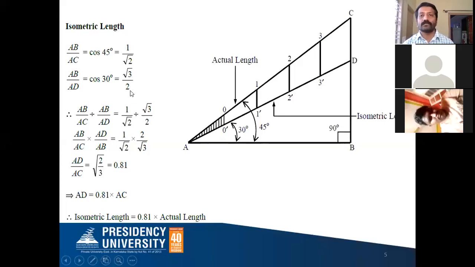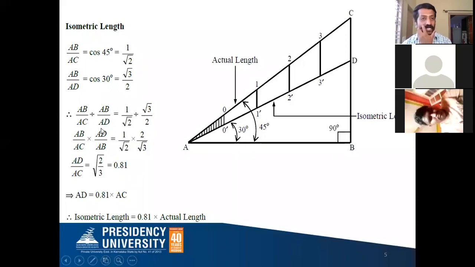Now I need to calculate the ratio in which I have to reduce the length with respect to the actual length to get the isometric length. AC is the actual length and AD is the isometric length. So I am dividing cos 45 by cos 30.